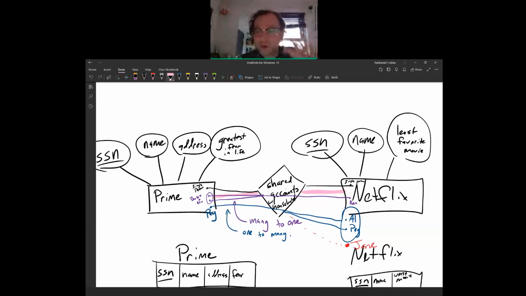Okay, just pay attention to the pink part, I guess. So a thin line would mean that this is okay. It's okay to have members of this entity not participate in the relationship. That's what a thin line means. A thin line is unconstrained, so anything goes.